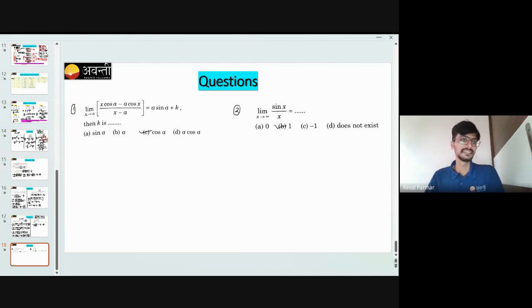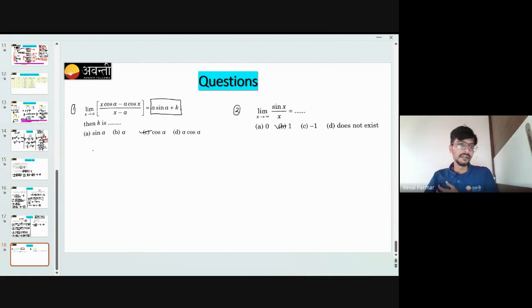The first question says that the value of the limit is already given, that it is sine a plus k. We just need to find k. So we need to solve this side, LHS. And to solve LHS, since it is a limit question, first we use the direct substitution method.